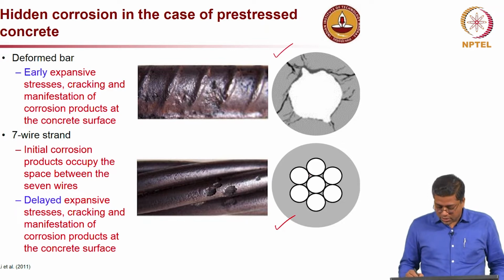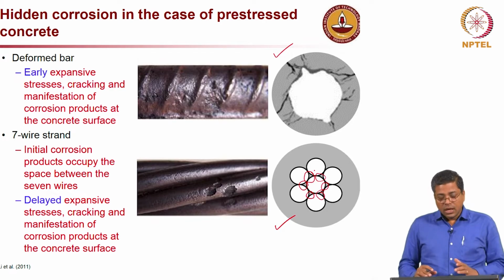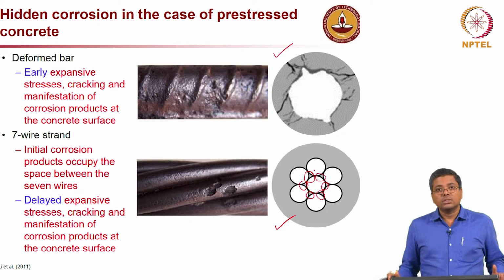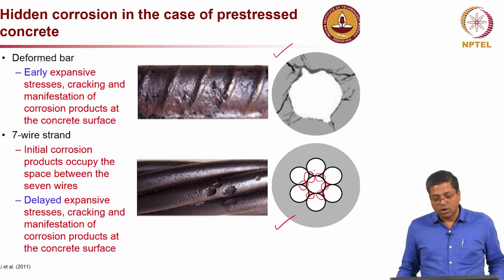In a pre-stressing strand, the initial corrosion products will occupy the triangular spaces available between the 7 wires, and until that space is filled up with corrosion, there will not be significant expansive stress on the surrounding concrete, which is not the case for solid reinforcement.